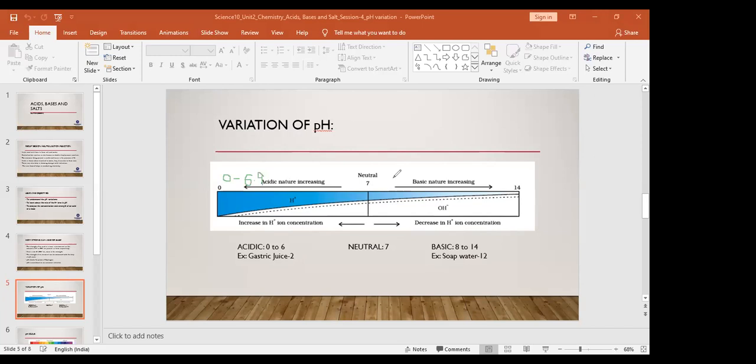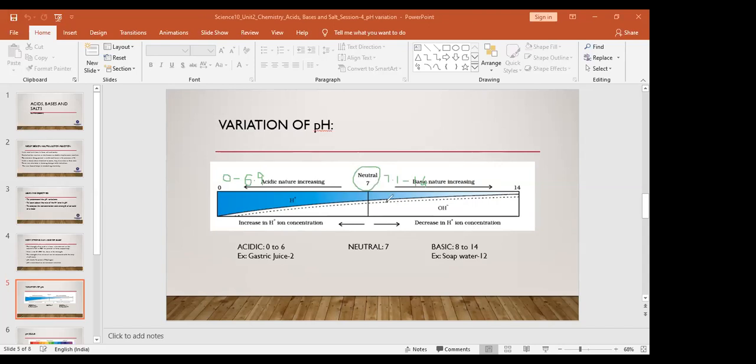Whereas when I say basicity, it can start from 7.1 to 14. Now, why am I saying 0 to 6.9? Because after 6.9, the count will change into 7. And as soon as the count changes into 7, it becomes a neutral substance.